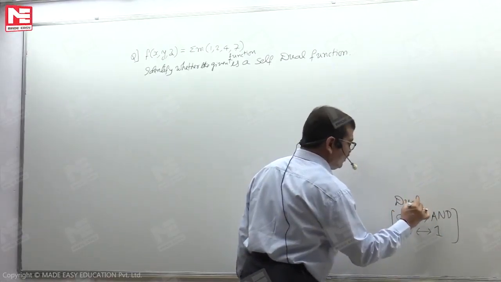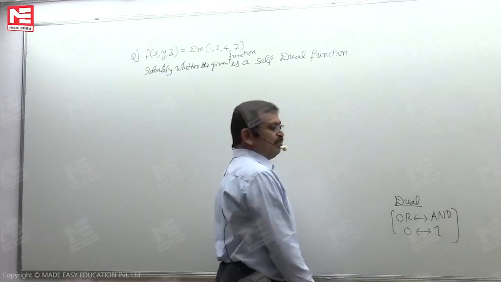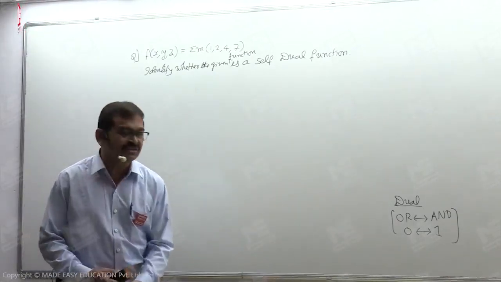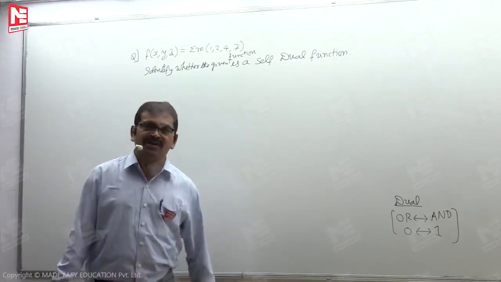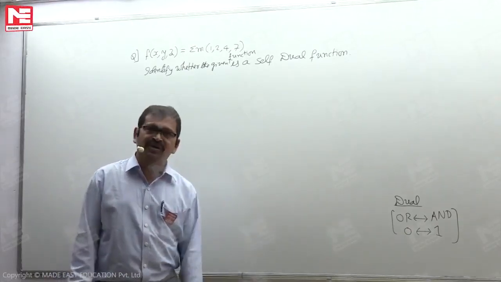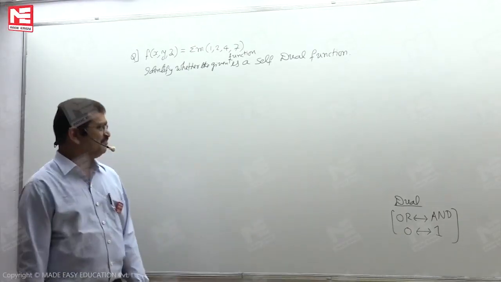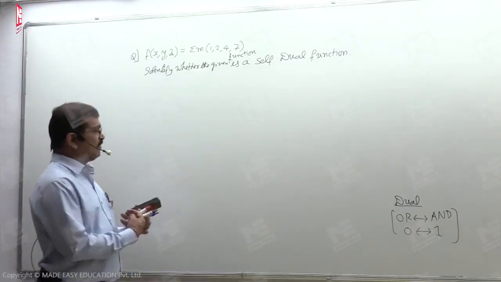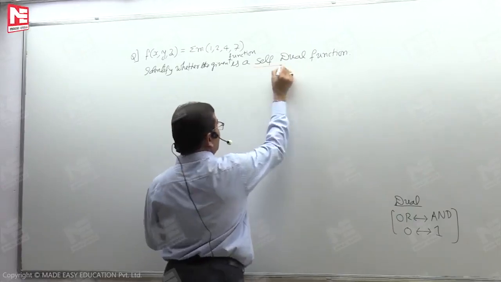When writing the dual, the OR and AND operators are interchanged and the Boolean constants 0 and 1 are interchanged. Here we are having a new term, that is self-dual.